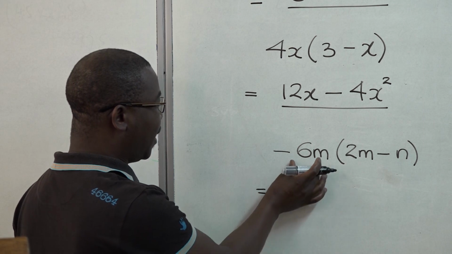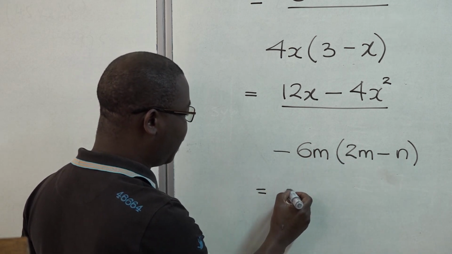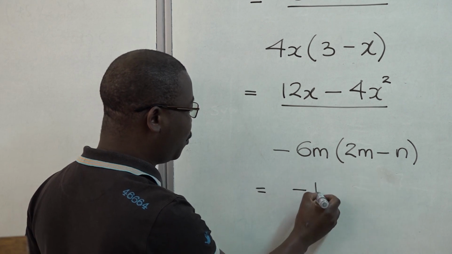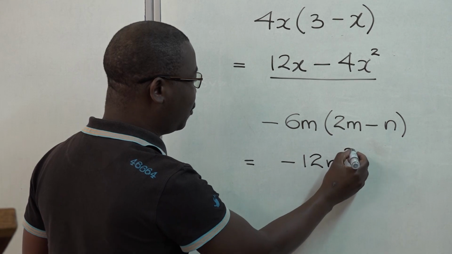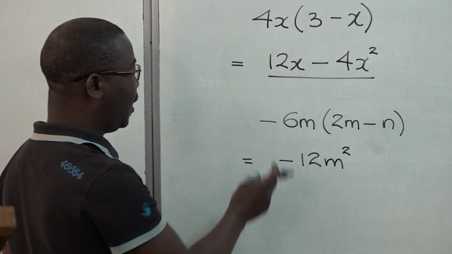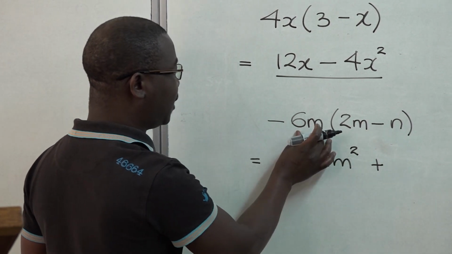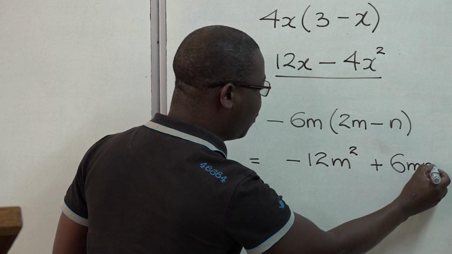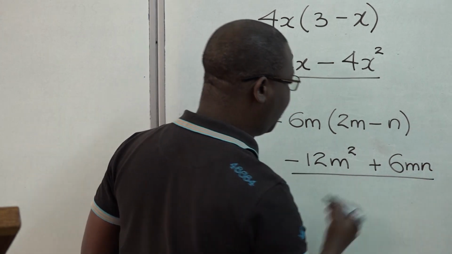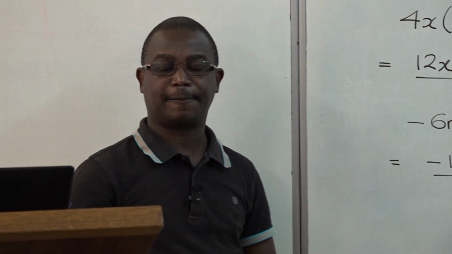Once again, minus 6m times 2m, a negative and a positive, will give us a negative. 6 times 2 gives us 12. m times m gives us m to the power of 2. A negative and a negative gives us a positive. 6m times n gives us 6mn. And that becomes our answer for that question.